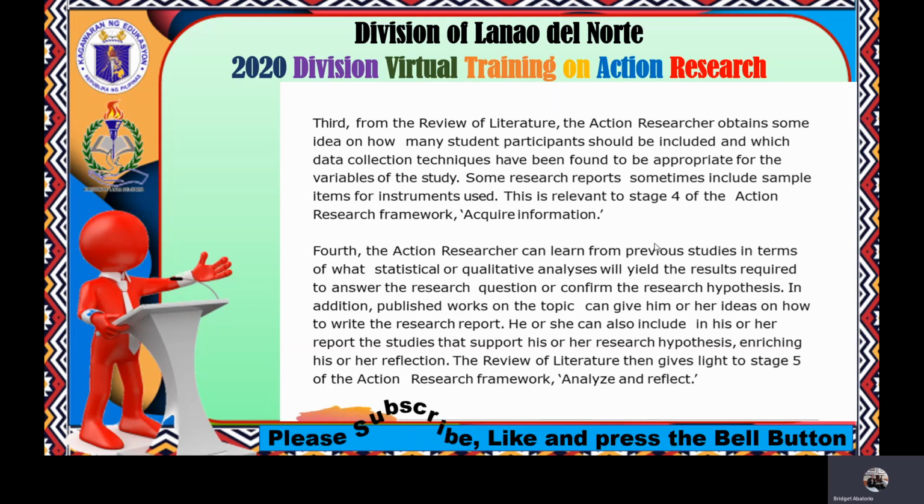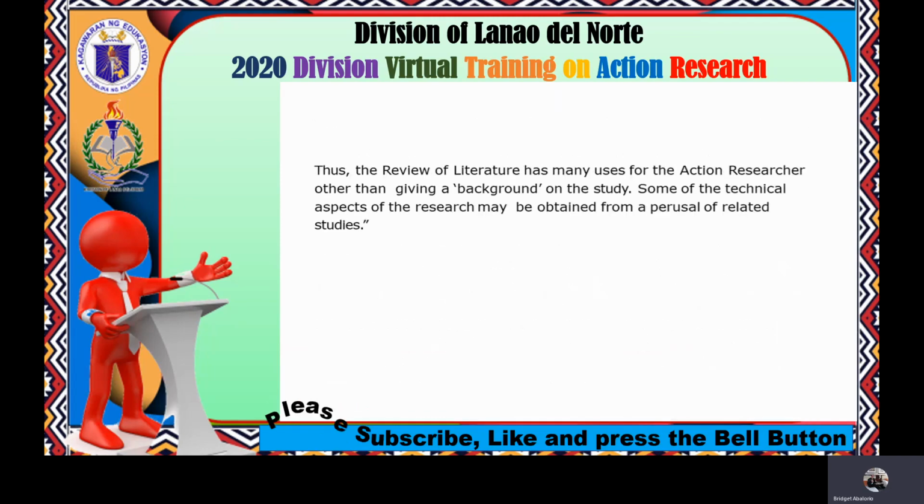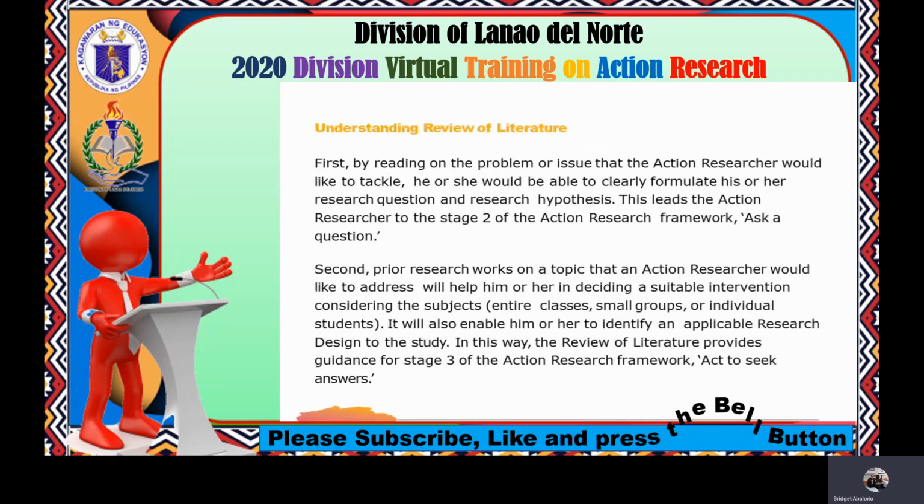Okay, so the review of literature then gives light to stage 5 of the action research framework, analyze and reflect. Okay, so first we will review. First is to have the research question or the research hypothesis. So that's the time that you ask a question. Second is you will find a suitable intervention. So at this time, you have to act to seek answer.